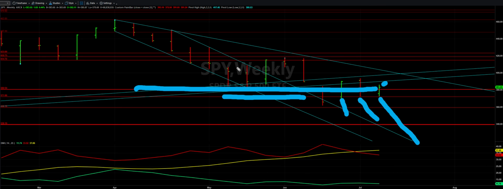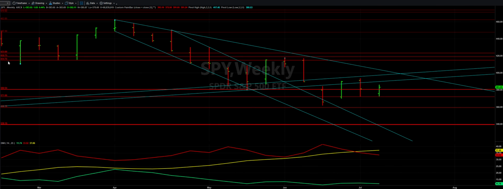This is a weekly chart of the SPY, the ETF that tracks the Standard & Poor's 500. If we lose 380.54 and we trade down to 371.88, that would be the next level of interest that I'll be watching. If we break below that, it's been strong for the last 3 weeks. We might come back down to 359. Look, it's just something to think about.